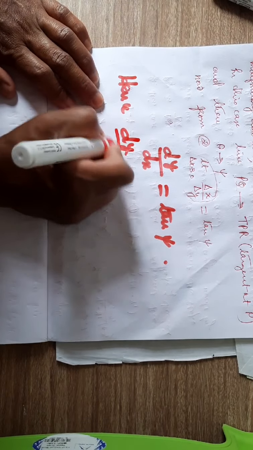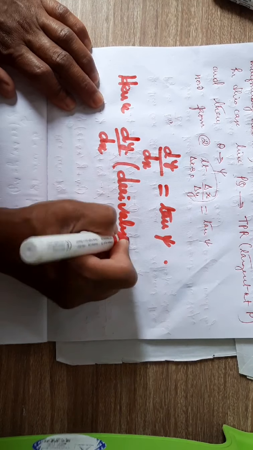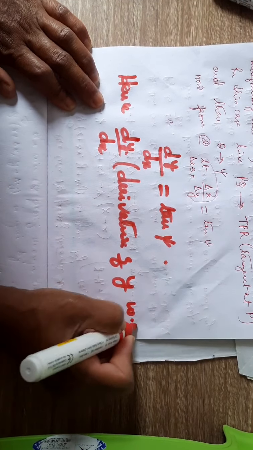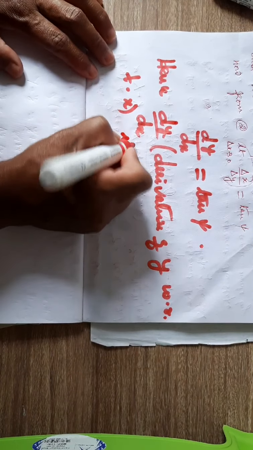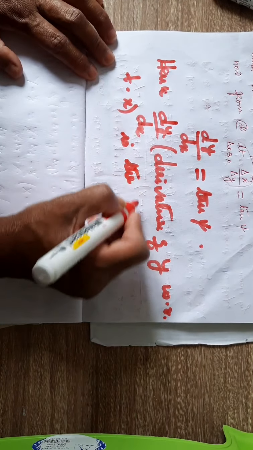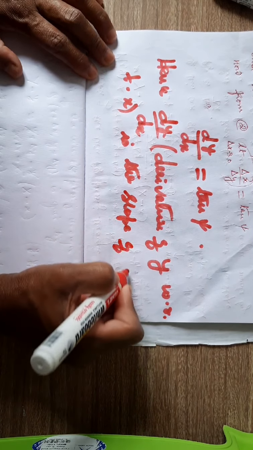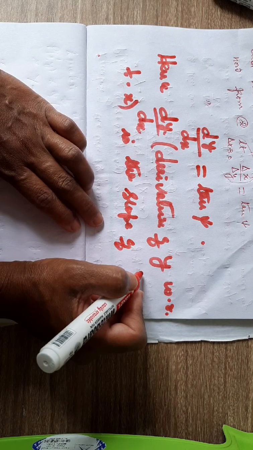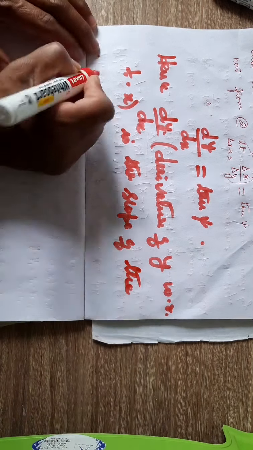dy/dx, or the derivative of y with respect to x, is the slope of the line.